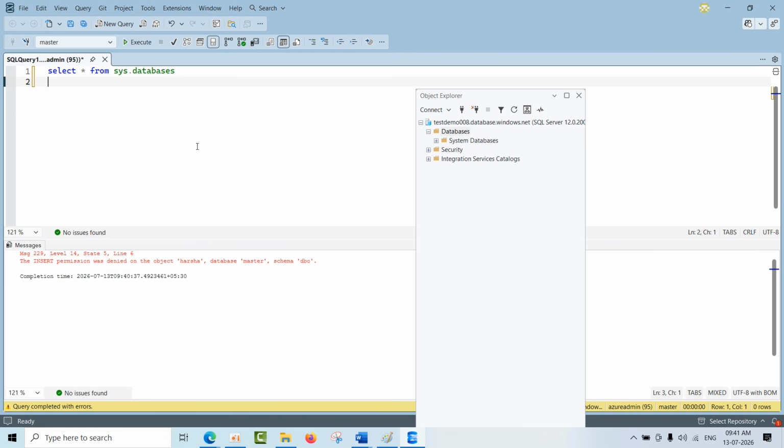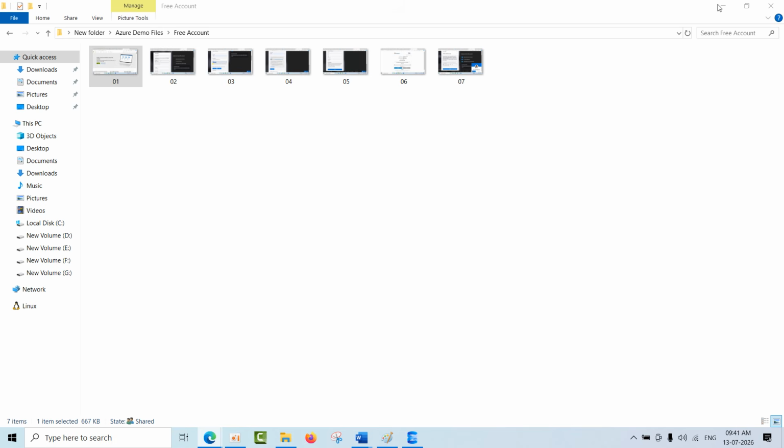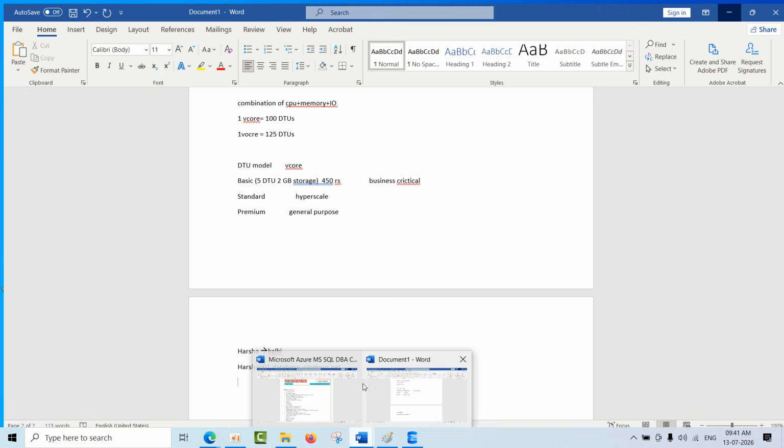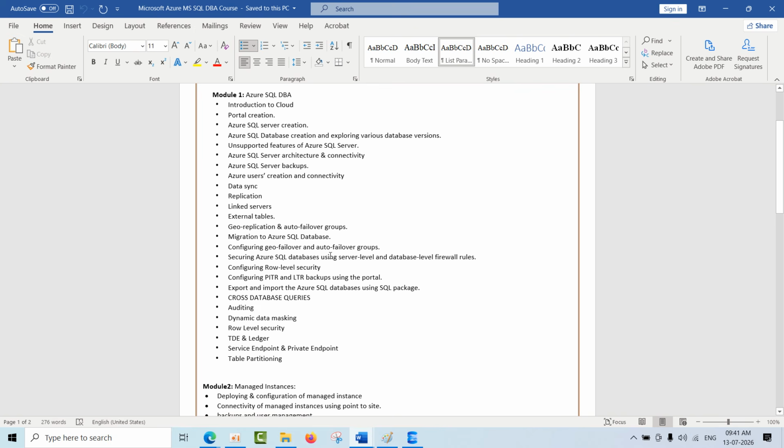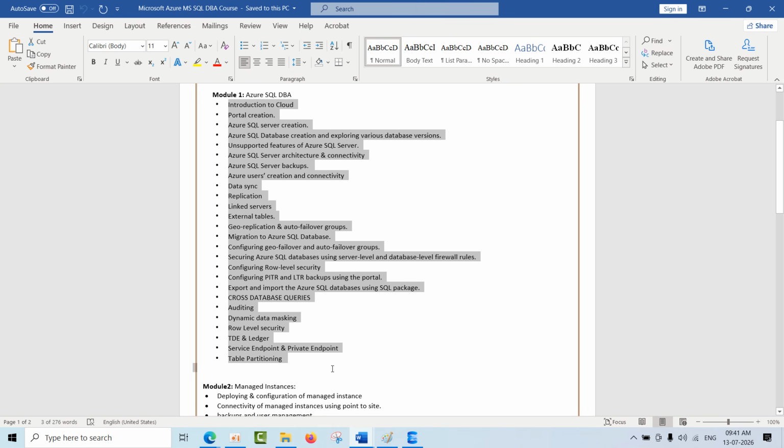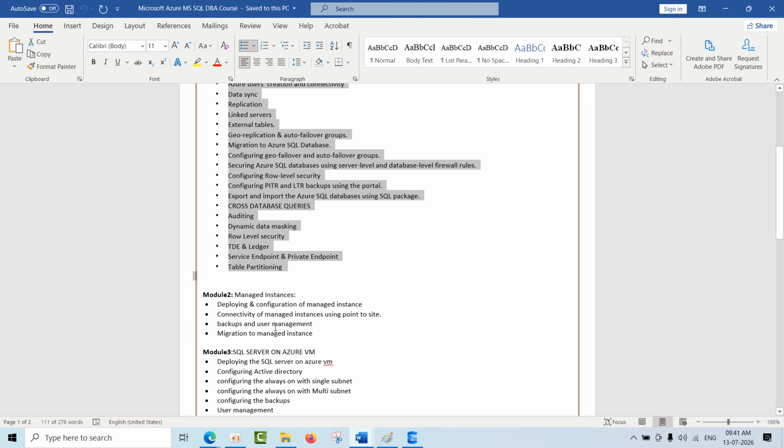Tomorrow, we are going to see every detail, the next steps that we are having. I'm going to show you all these in Azure SQL DB: linked servers, dynamic masking, table partitioning, everything.